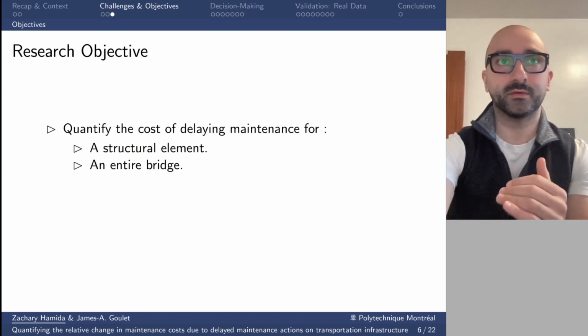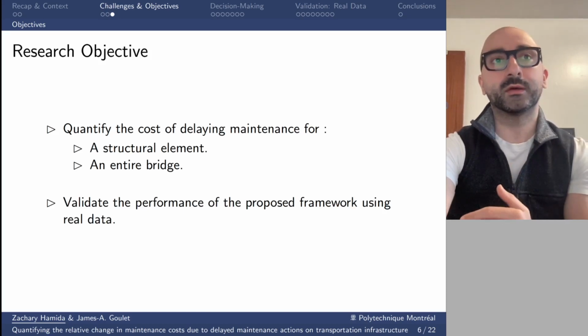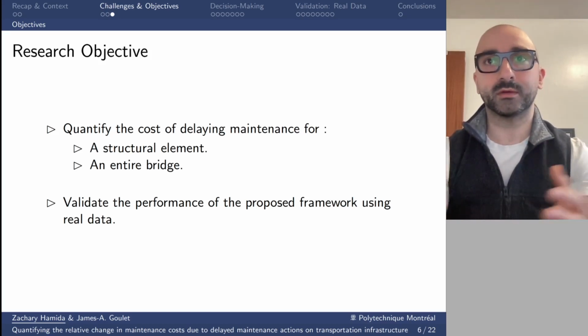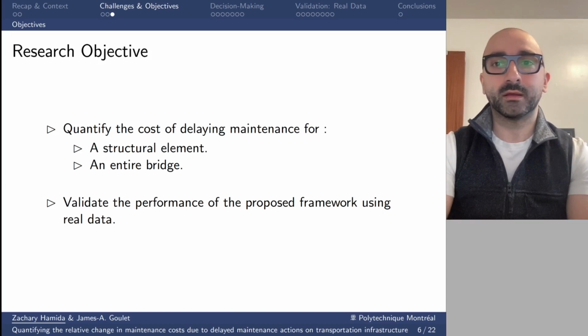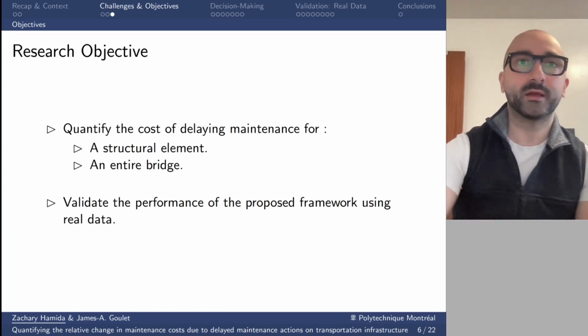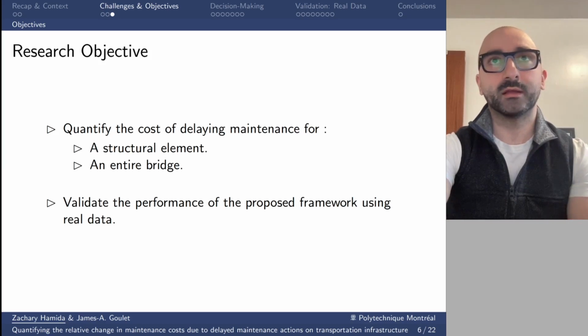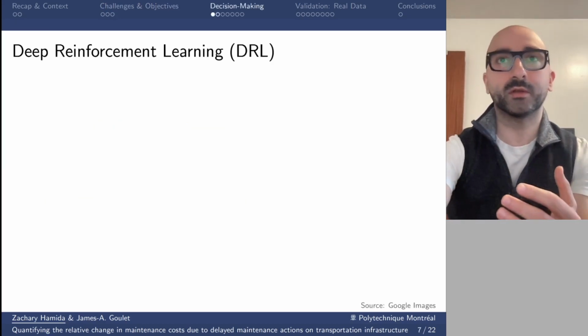So this is for the first part. And we've also done a validation analysis of the proposed framework performance on real data from the network of bridges in the Quebec province. So these are the two main objectives, but before we tackle them, I just want to provide some fundamentals about decision making.